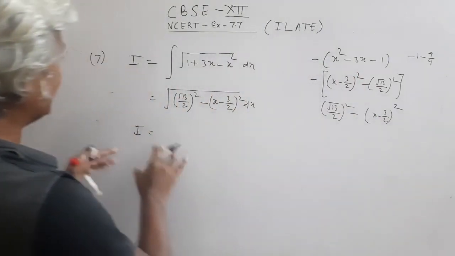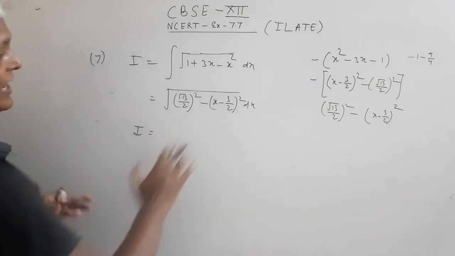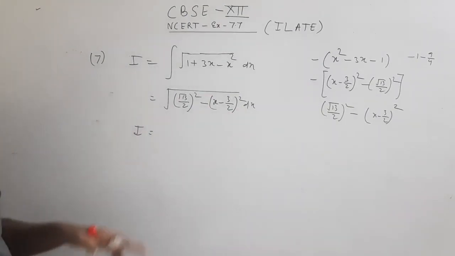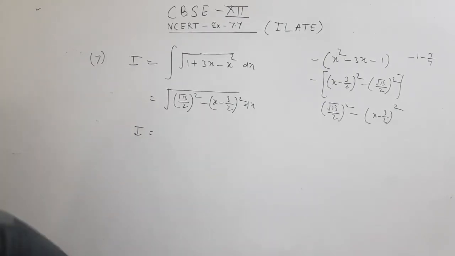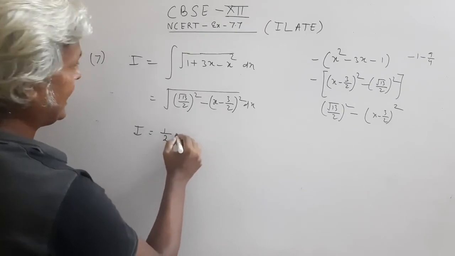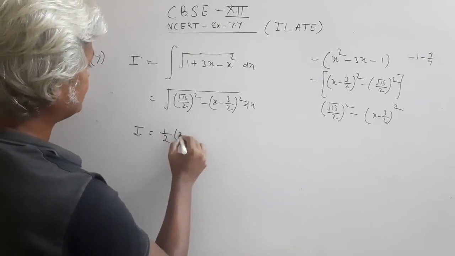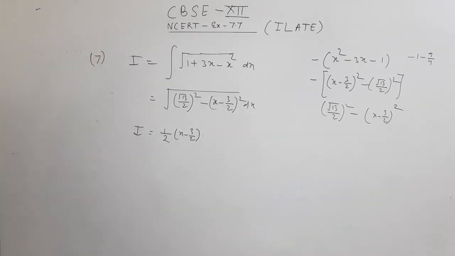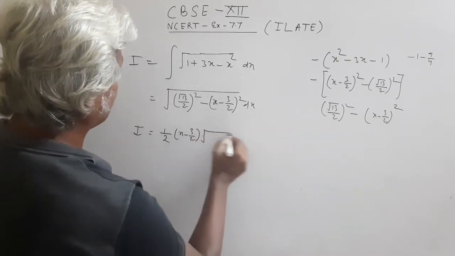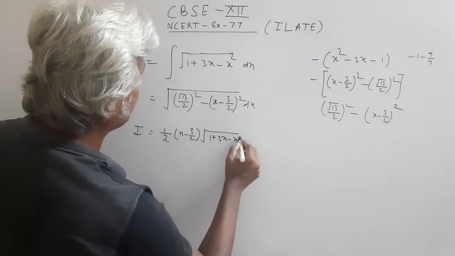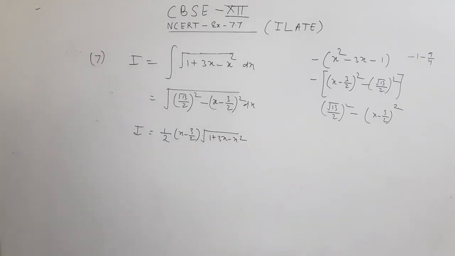You have to write here: we know that under root a square minus x square is this, and that's why this whole thing becomes half x. So what is x? x minus 3 by 2, and then under root a square minus x square means this whole thing, that is 1 plus 3x minus x square. Then you have to write plus a square by 2.